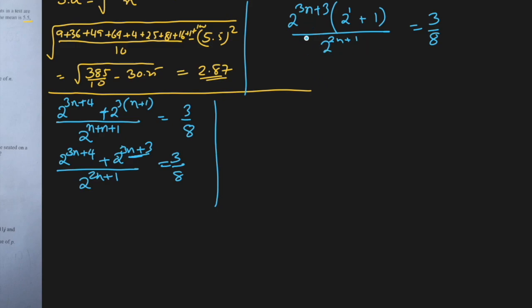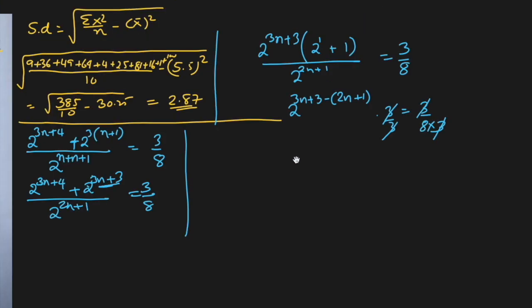So now two of the same bases with different exponents are dividing, so their exponents subtract. 3n plus 3 minus 2n plus 1, and then 2 plus 1 is 3, equal to 3 over 8. Let's get rid of this 3 and here, cancel. So 2 to the power 3n minus 2n is n, 3 minus 1 is 2, equal to 1 over 8.